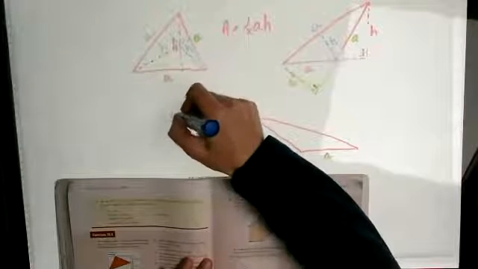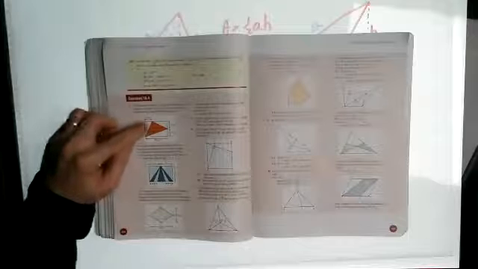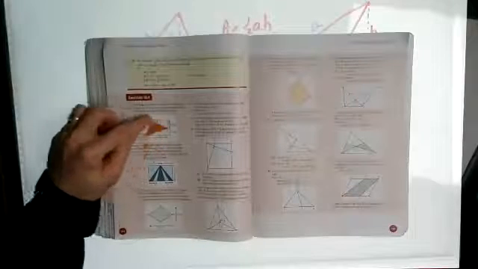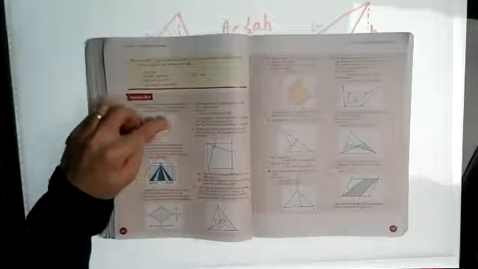So just call it the shaded region. It is straightforward to split it into triangles. The area of the triangle plus the area of the other triangles gives the area of the shaded region.